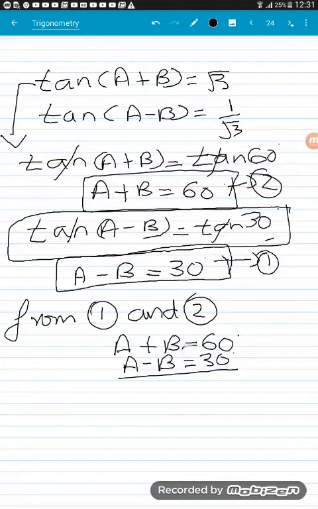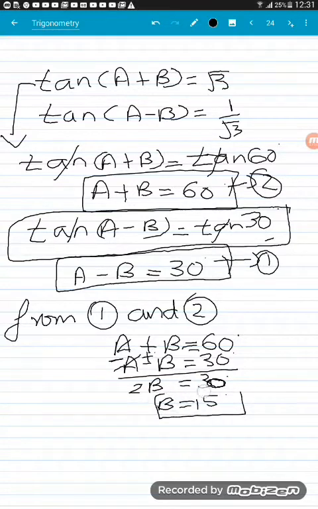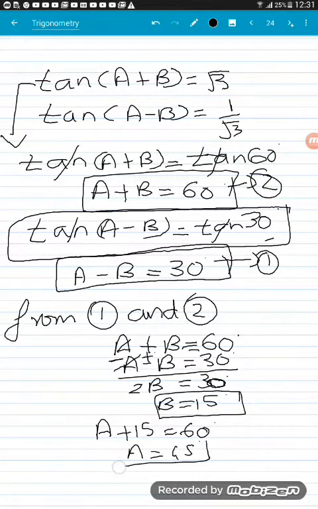Since B is cancelled, we can do the elimination method. So 60 minus 30, 30 degree equal to, this will become minus, so this and this cancel. 2B equal to 30 degree, B equal to 15 degree, and A plus 15 equal to 60 degree. Therefore A equal to 45 degree. So now we got the answer as A equal to 45 degree and B equal to 15 degree. They said to find A and B, so now we found.